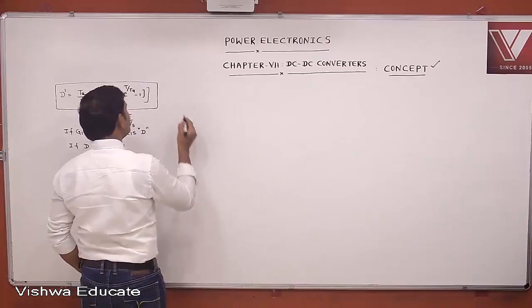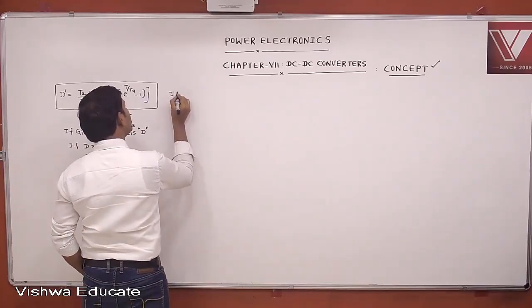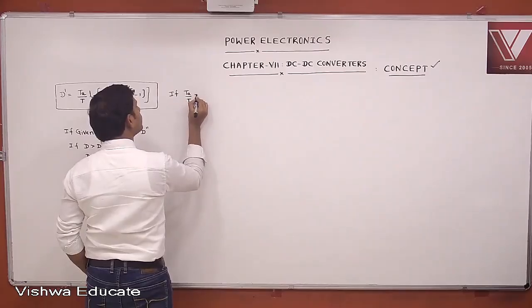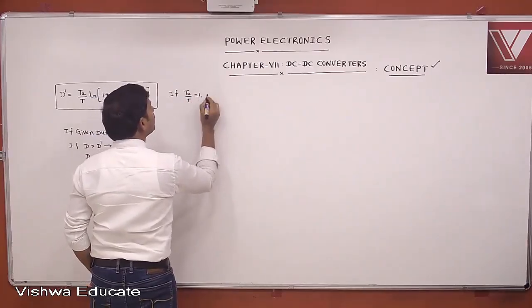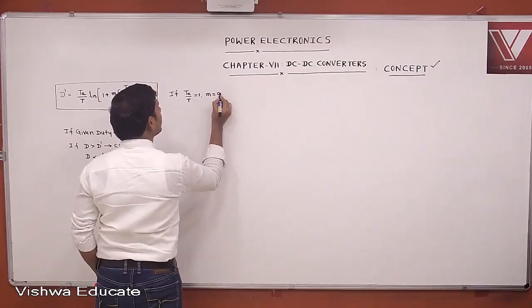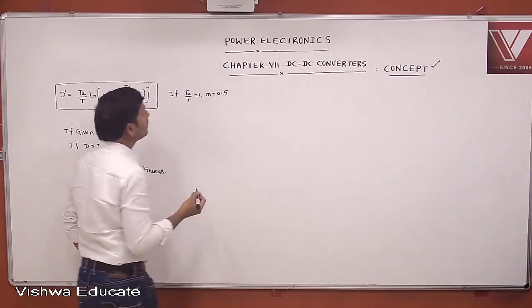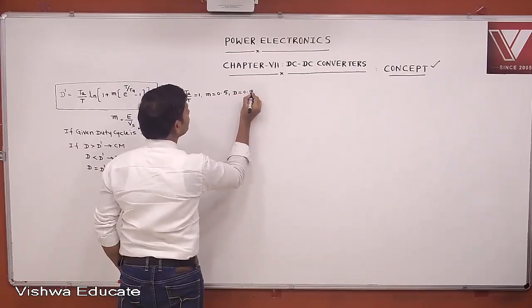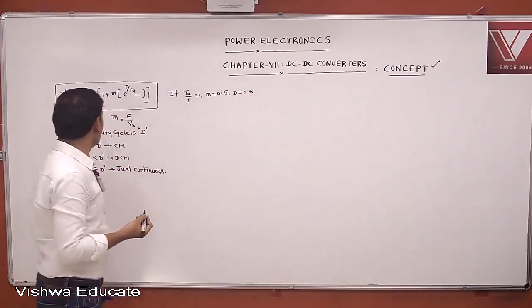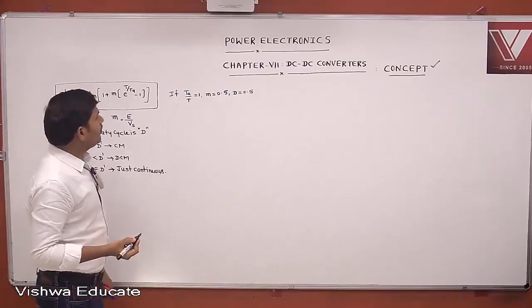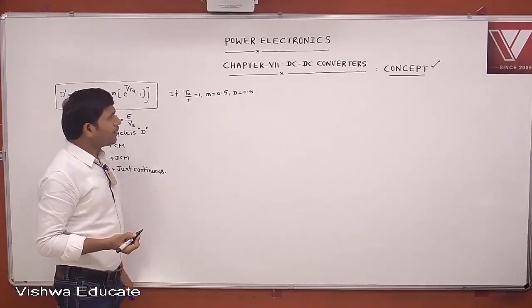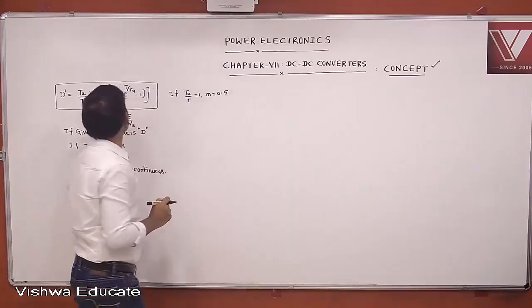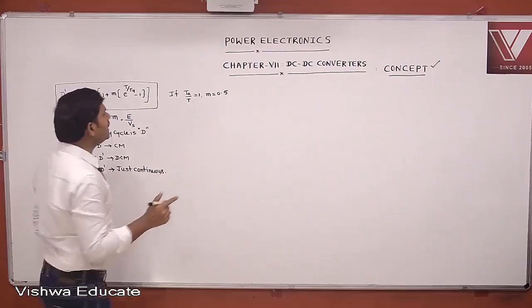See, for example, if Ta by T equals 1 and take m equals 0.5, then you calculate D dash.